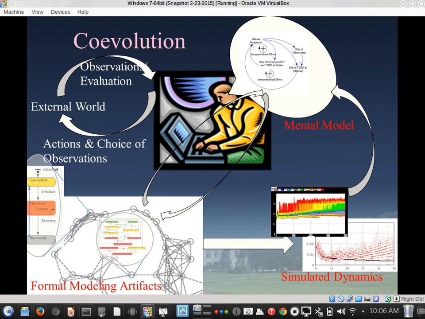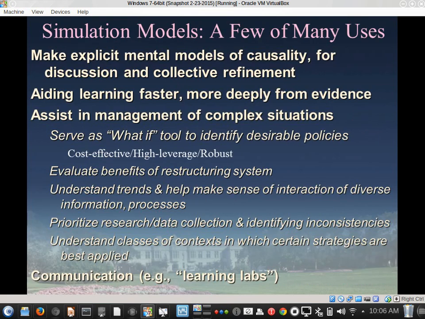You observe things from the world, and you further refine your mental model. So this is part of a learning process, and it's a process of learning that can take place more deeply, more quickly, and more comprehensively because we have the models together with the empirical data.